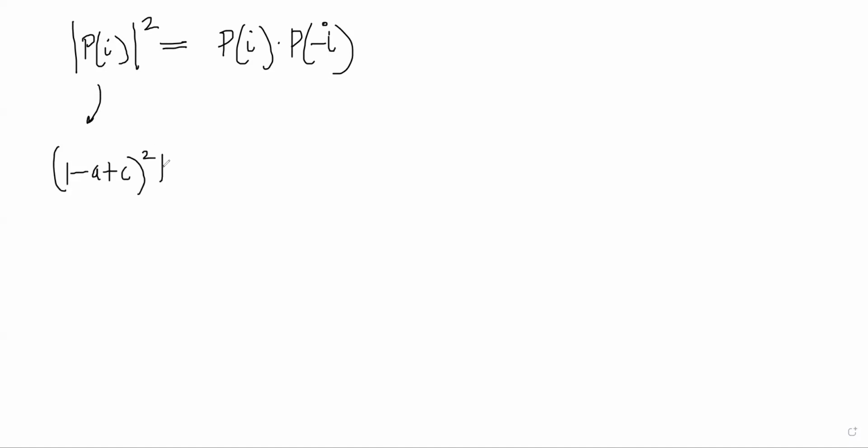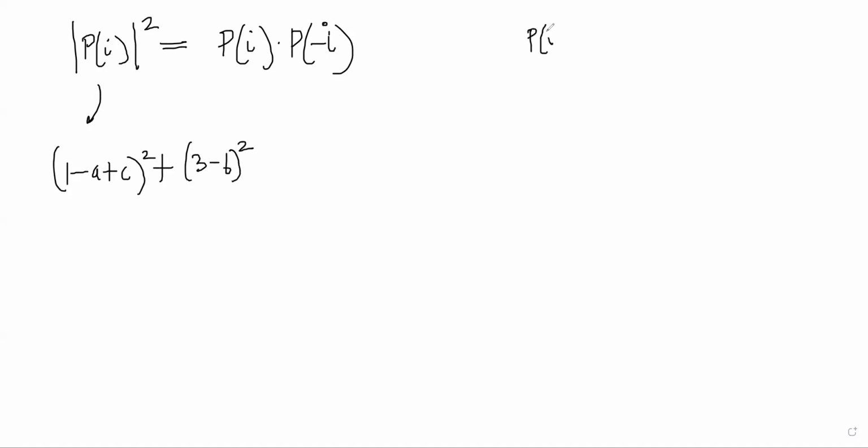Now, mod of p of i whole square can be written as p of i times p of minus i, right? So we can write that like this, and we know that this is equal to (1 minus a plus c) whole square plus (3 minus b) whole square.